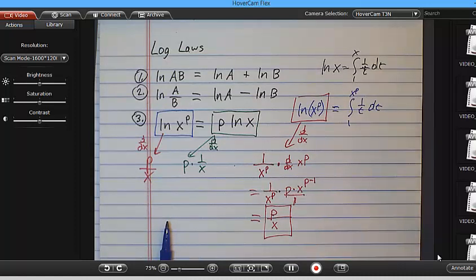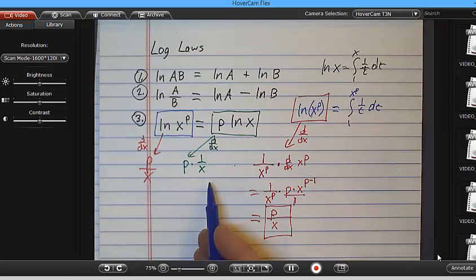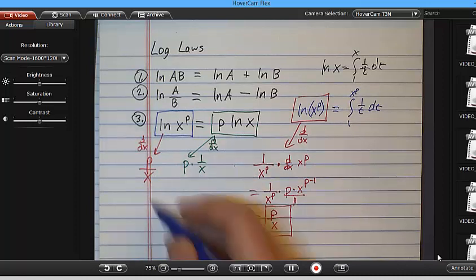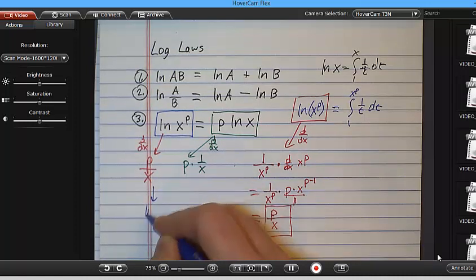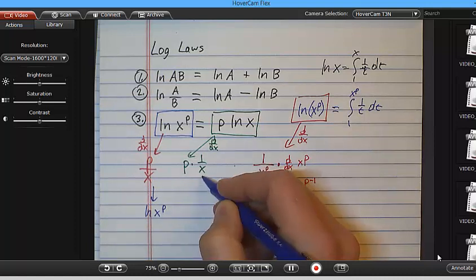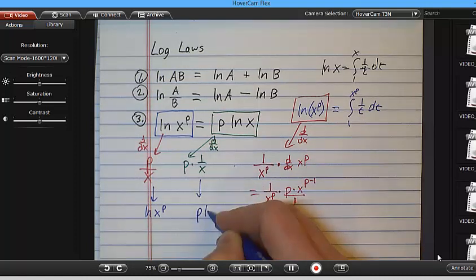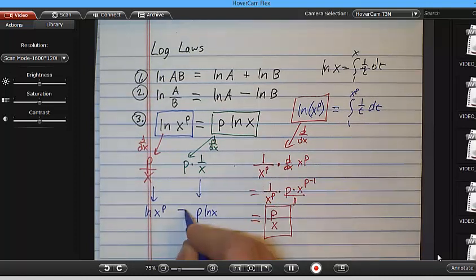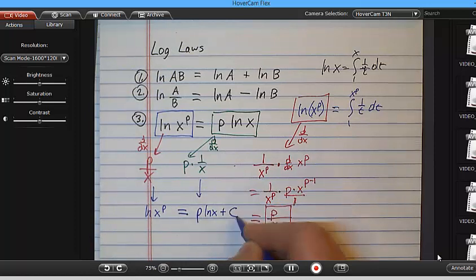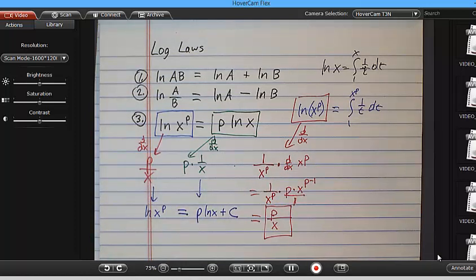We learned from the mean value theorem that if two functions have the same derivative, they differ by at most a constant. We know the antiderivative of this is the natural log of x to the p, and the antiderivative of this is p ln x. They're the same except that maybe there's a constant on one side, right? And now all you do is plug in a really nice x value.